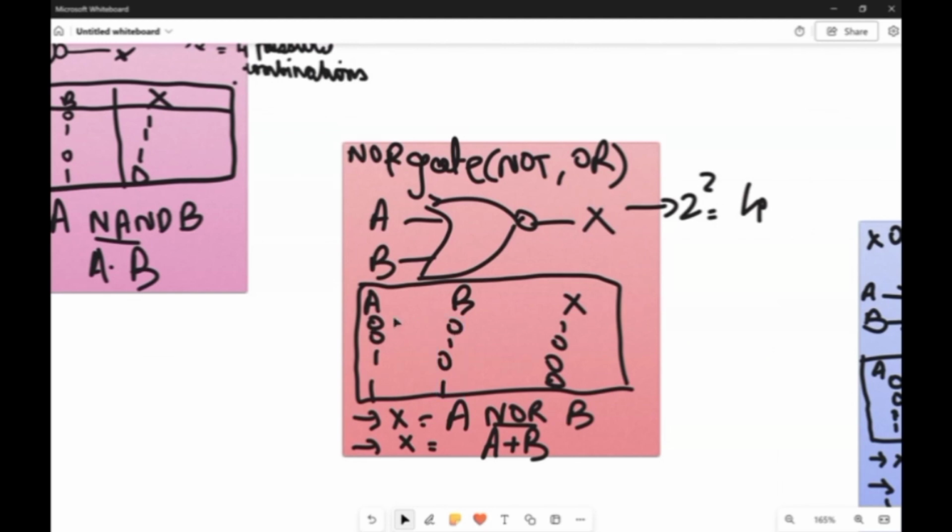So 0 plus 0 would be 0, but this NOT gate in front of your OR gate would make it a 1. 0 plus 1 is 1, but NOT would make it 0. 1 plus 0 is 1, but X would be 0 since you have a NOT gate in front of it. 1 plus 1 is 1, but the NOT gate would make it a 0.